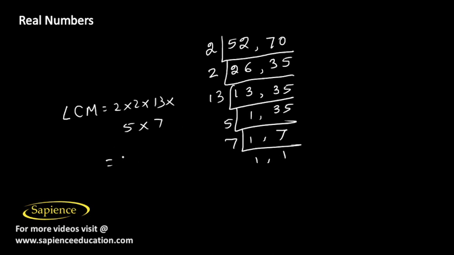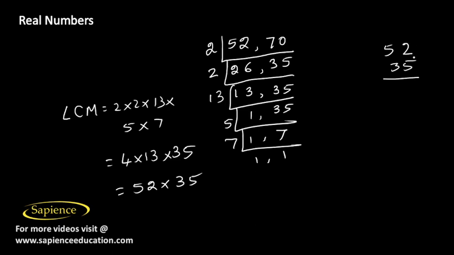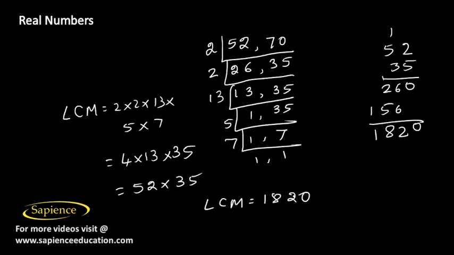This will be 2 2s are 4, into 13, into 7 5s are 35. 13 times 4 is 52, into 35. 52 times 35: 5 2s are 10, 5 5s are 25 plus 1 is 26, 3 2s are 6, 5 3s are 15, 6 plus 6 is 12, 5 plus 2, 7 plus 1, 8, 1. So LCM is equal to 1820.